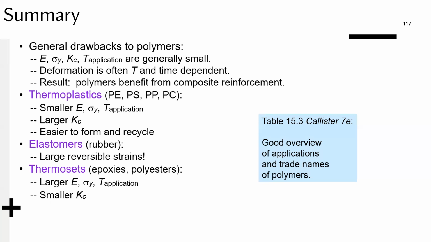But when it comes to KC, it's different actually. So thermosets have a smaller one than thermoplastics, and you can expect that because thermoplastics have a plastic behavior and thermosets are a bit more brittle and rigid.